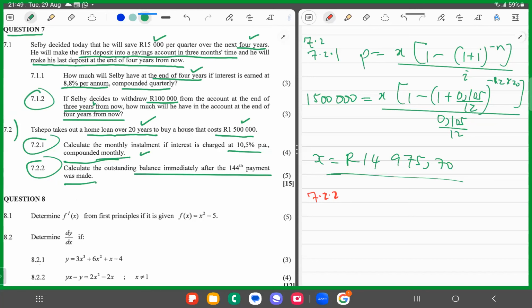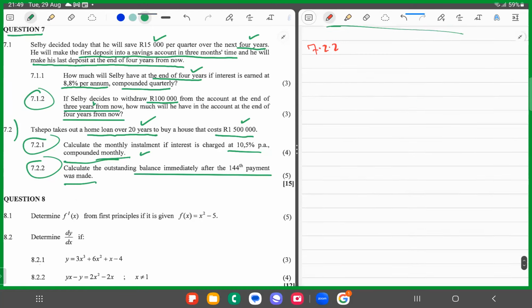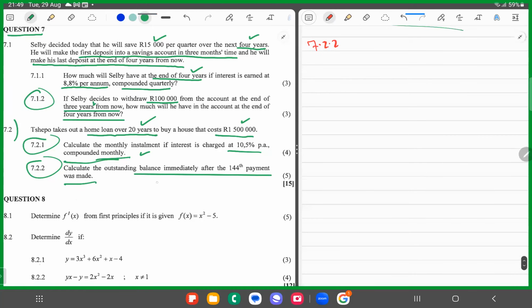Okay, so we continue. Right, so in 7.2.2, calculate the outstanding balance immediately after the 144th payment was made.